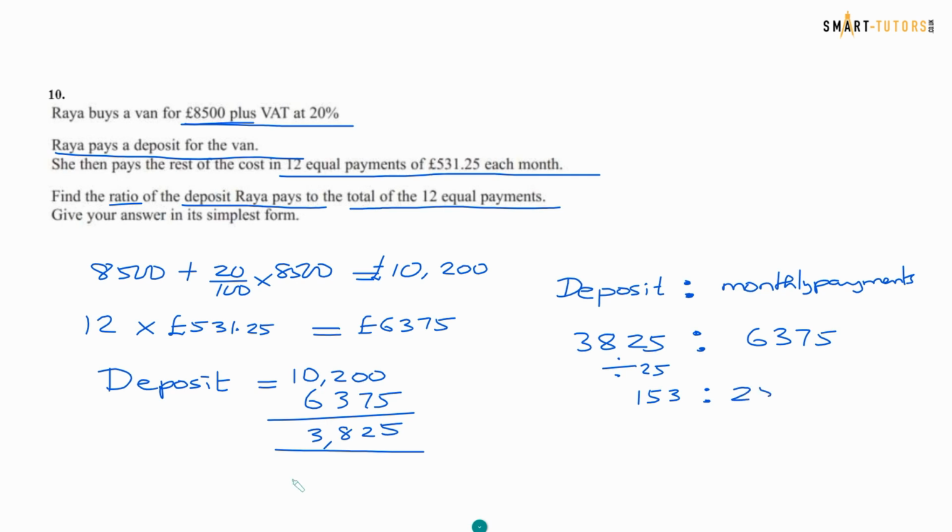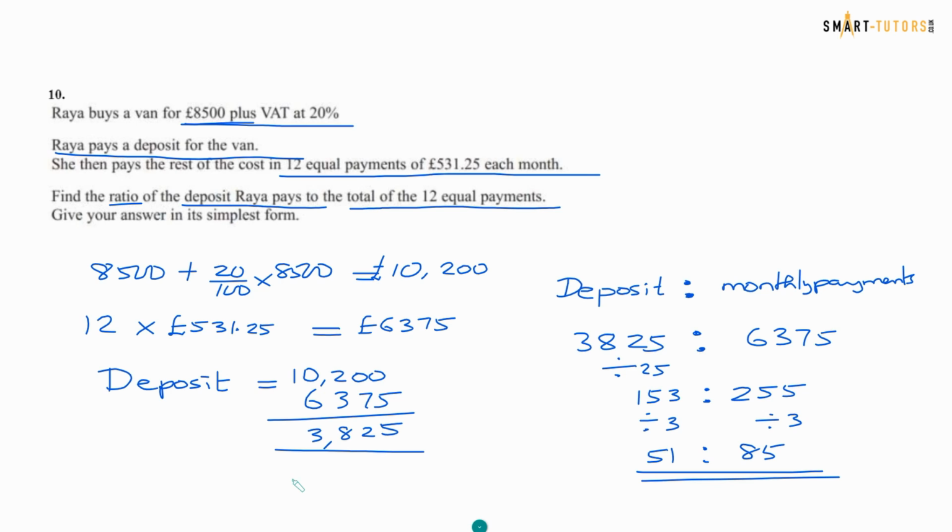So 255. So I think both of them can be divided by 3, isn't it? If I divide by 3, 153 gives 51, and 255 gives 85. Anything else?